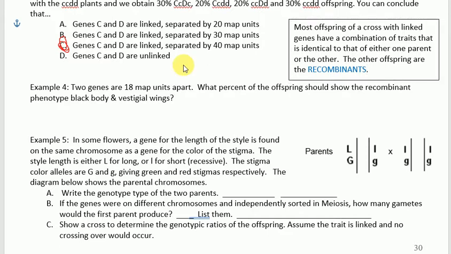So remember, that's the only data that we have. We know that there's two recombinants. So we are going to take that 18 and we're going to divide it up. So we have a 9% and a 9%. So your answer would be 9%.